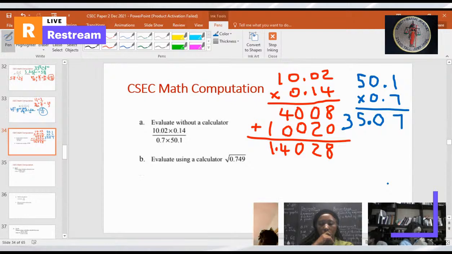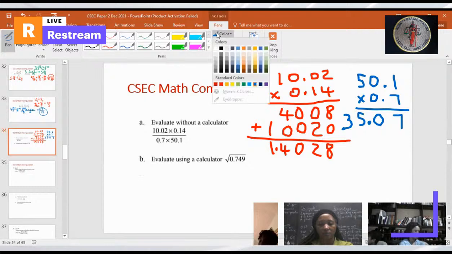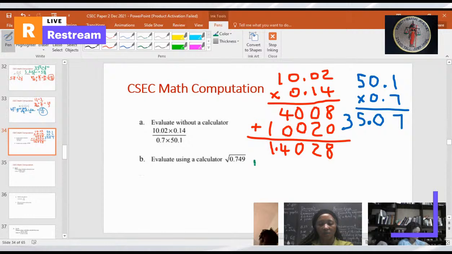It is 1.4028 divided by 35.07. All right, so 1.4028 divided by 35.07.